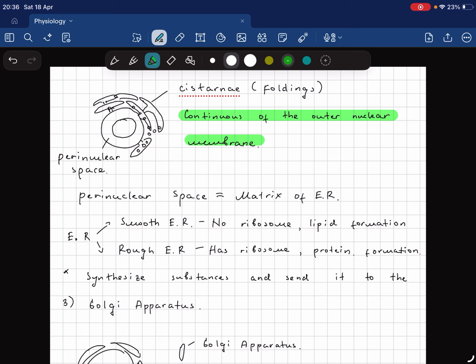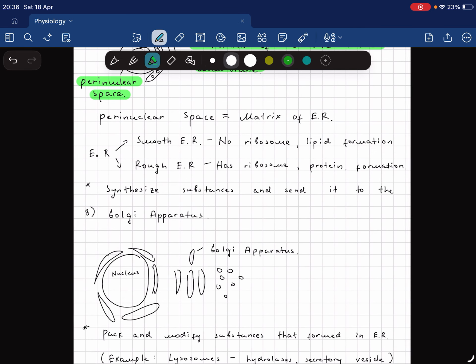This is the perinuclear space, the space between the outer and the inner nuclear membrane. We also say cisternae, which just means foldings.